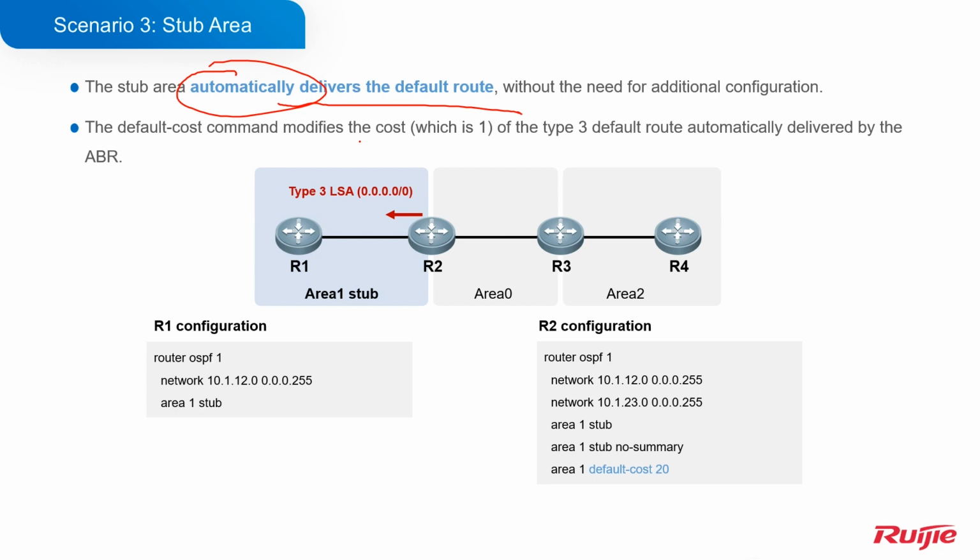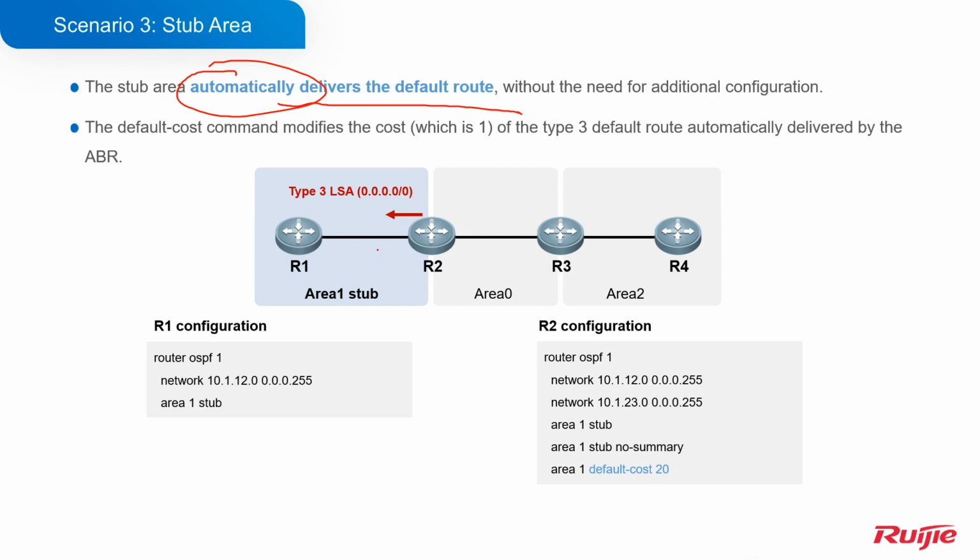It means we don't need to configure the default route manually. So this is a stub area. Here we can see the topology: R2, R3 belong to area 0, R1, R2 belong to area 1, and R3, R4 belong to area 2.